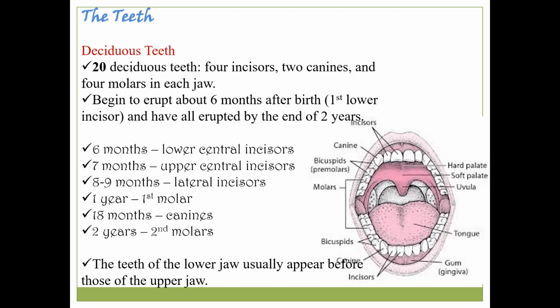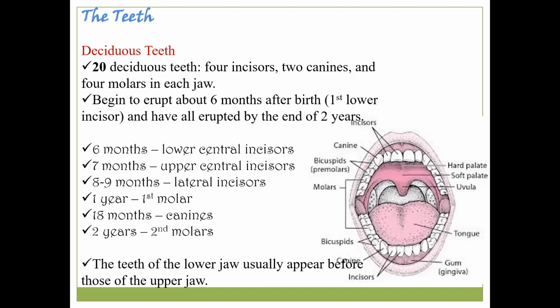And these deciduous teeth will all have erupted by the end of 2 years. So the usual time is about 6 months to start the eruption, but that may vary among individuals.